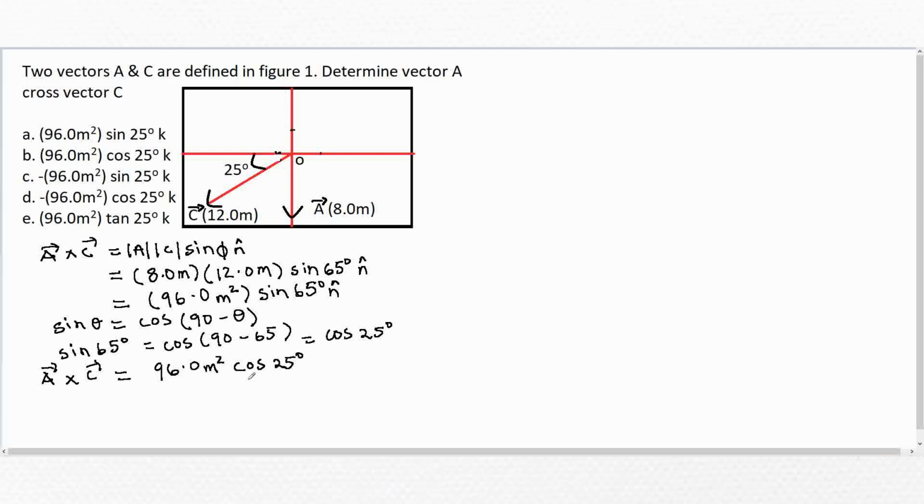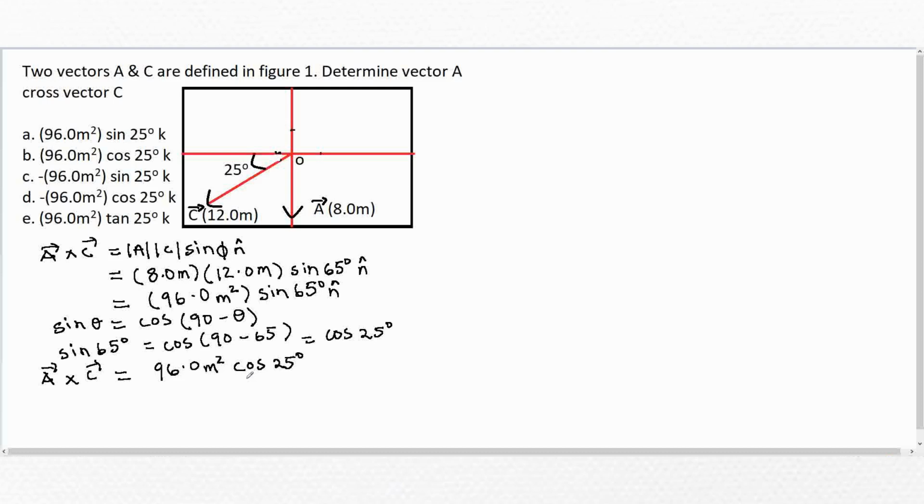This gives us the magnitude of A cross C. So now all we have to do is worry about the direction. If you are using this method, then you have to use the right hand rule to determine the direction for this vector A cross C, which most people find difficult. So let's use another method that will give us the direction very simply.